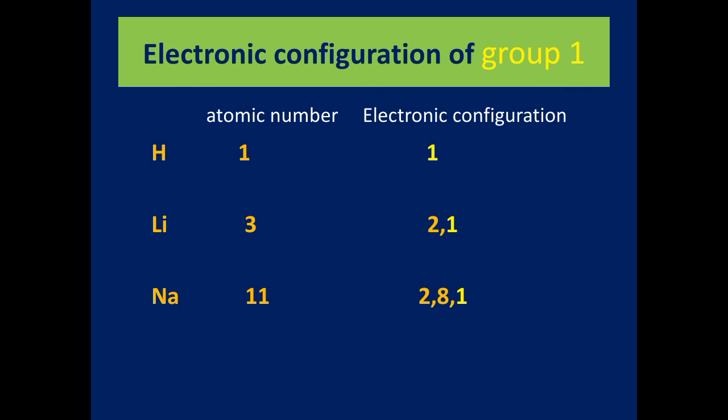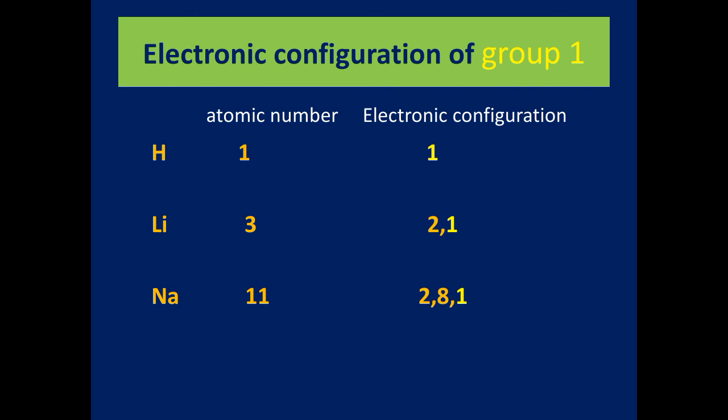Here you can see one interesting thing: these three elements belong to group 1, and they all show the same number of valence electrons. What these elements have in common is that they have just one electron in their outermost shell.